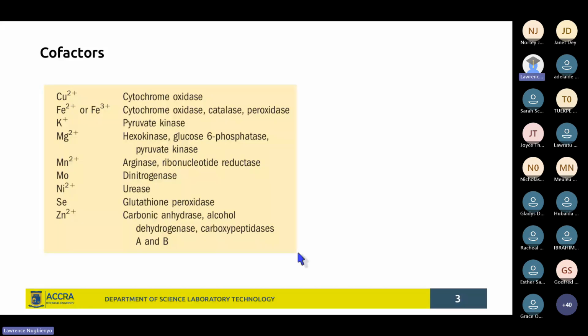Now we want to distinguish between these cofactors and these coenzymes.